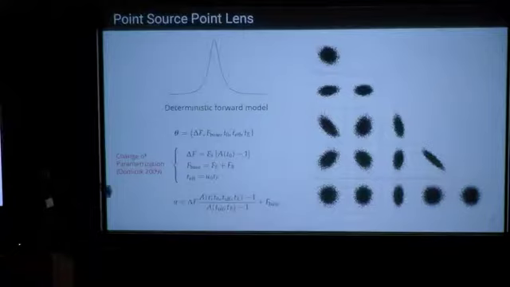Delta F is just the difference between the peak and the baseline, and F base is just the baseline. These new parameters map to observable features much better, and if you sample in this new space, you get much nicer posteriors. So I would recommend this parameterization, and you get orders of magnitude improvements in sampling as well.